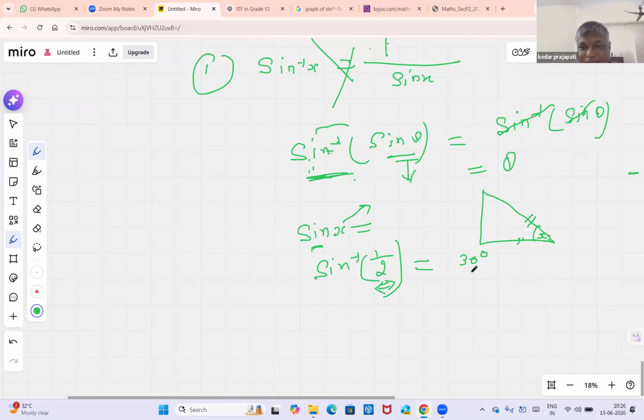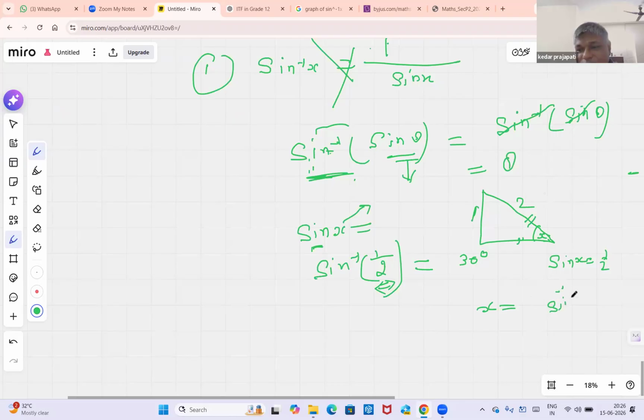It means this is 1 and this is 2. That's the reason sine theta, here sine x will be 1/2. So here x will be how much?